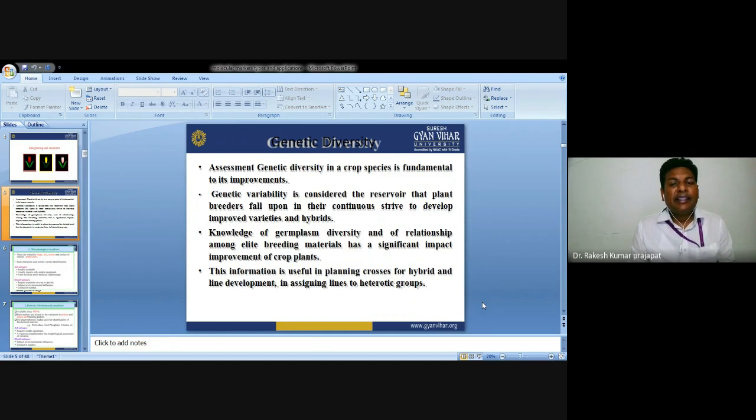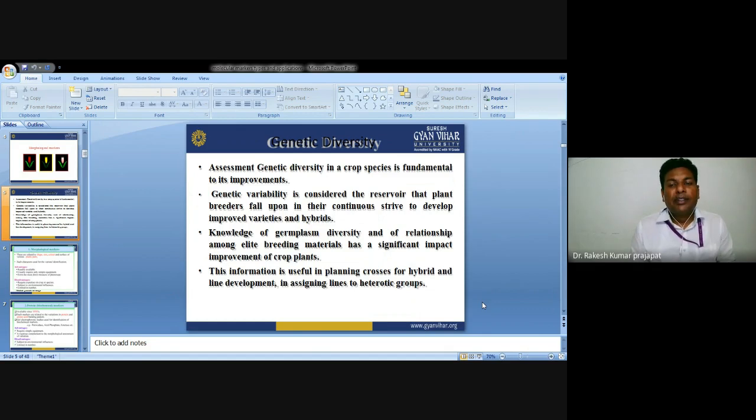Genetic variability is considered a reservoir on which plant breeders fall upon in their continuous strive to develop improved varieties and hybrids. This genetic variability among different genotypes is used for crop improvement through different crossing and hybridization patterns.